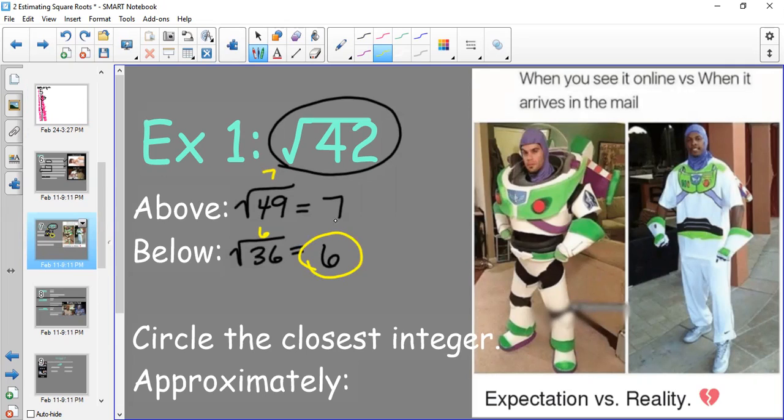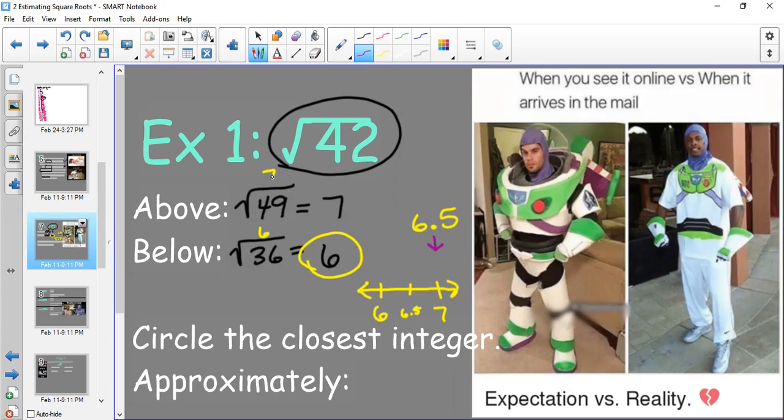Now, if I had to take an approximation of this decimal, I'm thinking of a number line. So there is 6, there is 7. And I want to know where it goes. So the first thing I'm going to identify is 6.5, right in the middle. And I'm going to see, is this number bigger than 6.5 or is it smaller than 6.5? Well, since it was closer to 6, it has to be a little bit smaller than 6.5.